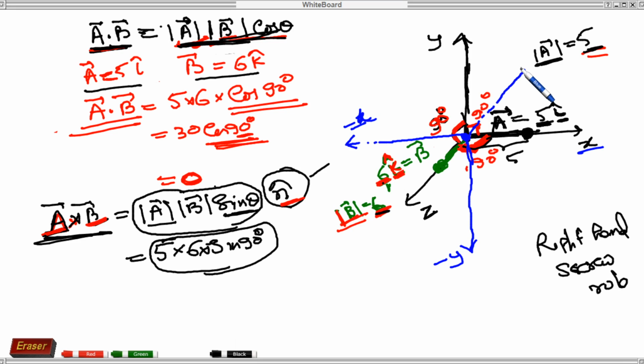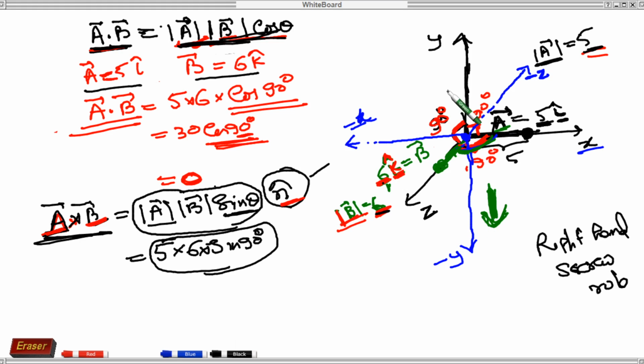So when you rotate your fingers from A to B, towards your palm, the direction of your thumb will be like this.